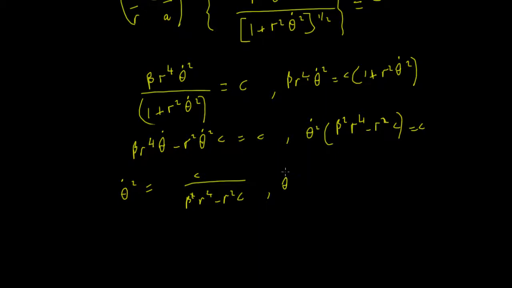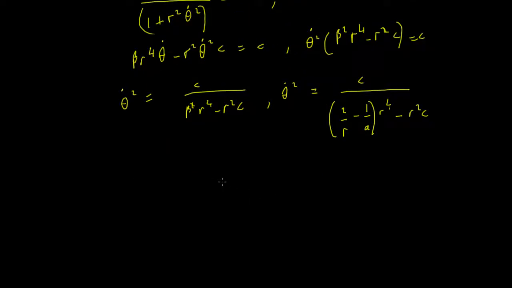So our theta dot squared is going to equal c upon, now I'll just replace this beta again with the original values. So the original values is 2 pi r minus 1 upon a to the power of, well, times r to the 4 minus r squared c. Almost there, just another couple of lines.